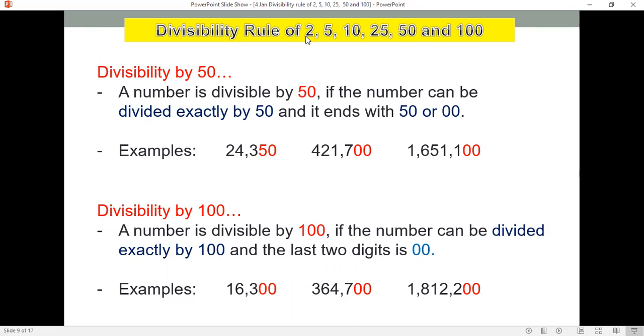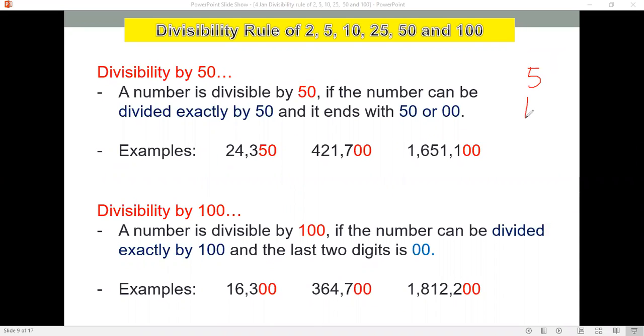A number is divisible by 2 when the number is even or it ends with 0, 2, 4, 6, 8. A number is divisible by 5 if it ends with 0 or 5.